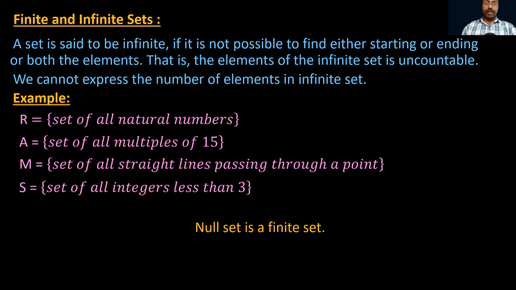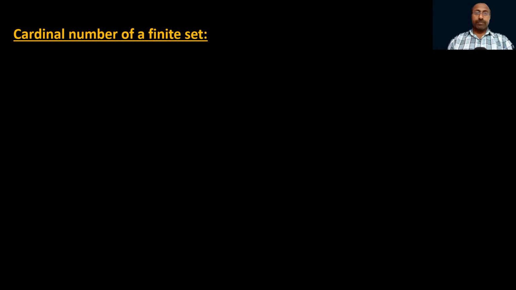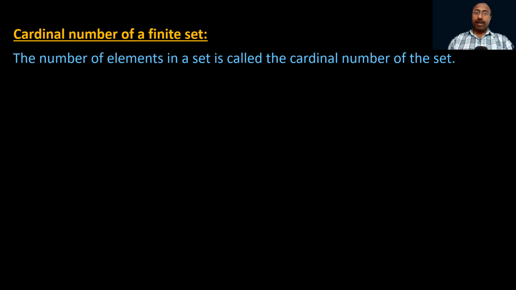Let's take the next one, cardinal number of sets. The number of elements in a set is called the cardinal number of the set. It's very simple. That is, if in a set 3 elements are present, then the cardinal number of the set is 3.